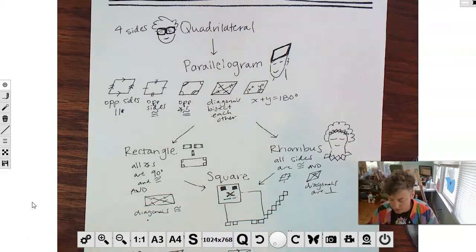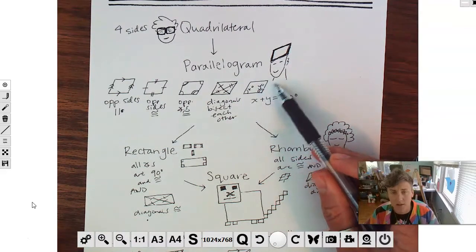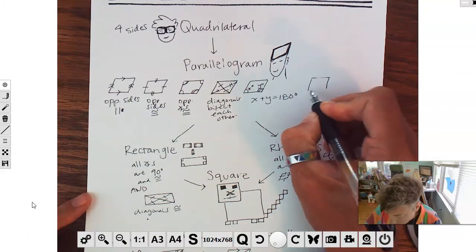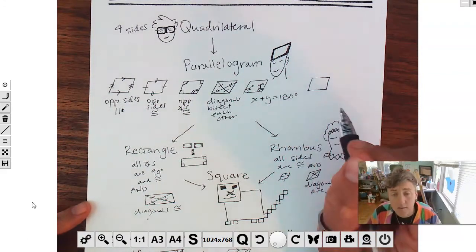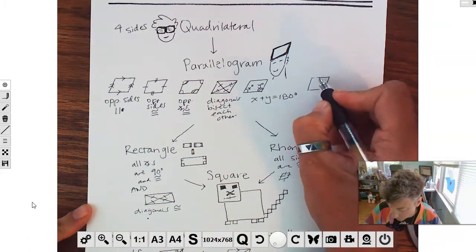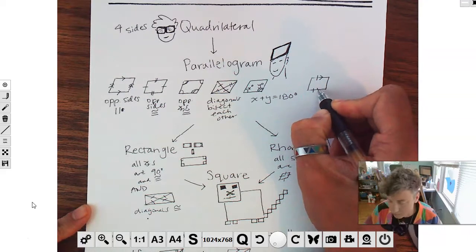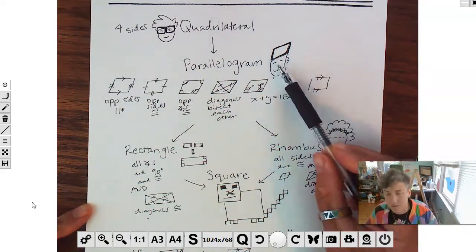And finally, there's actually one other property of Paul the parallelogram that you could use to prove that a quadrilateral was a parallelogram. If one pair of sides is congruent and parallel, then it is also a parallelogram.